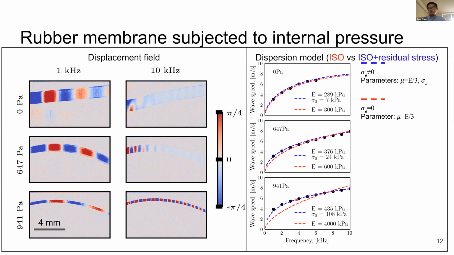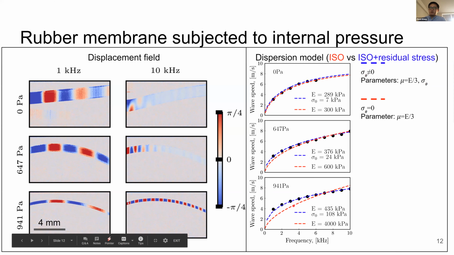However, when the residual stress is included, the fitting improved for all pressure levels. The improvement of the model, as we can see, is mainly at the low frequency range.